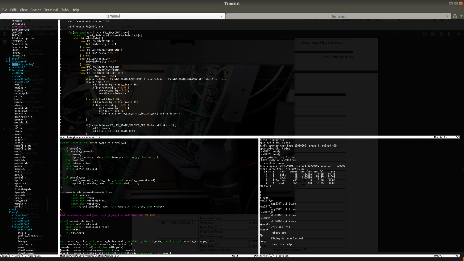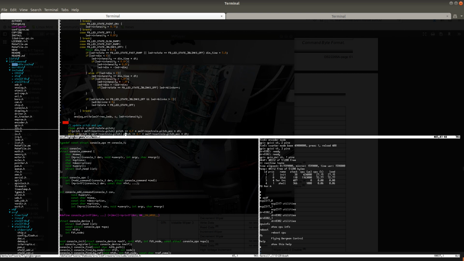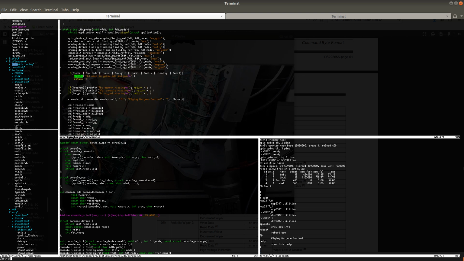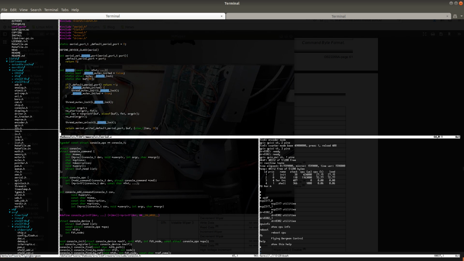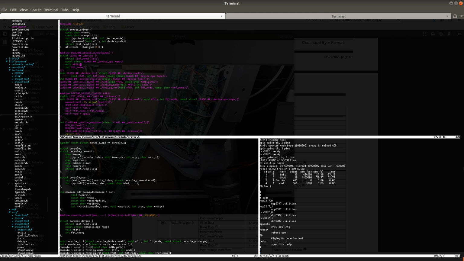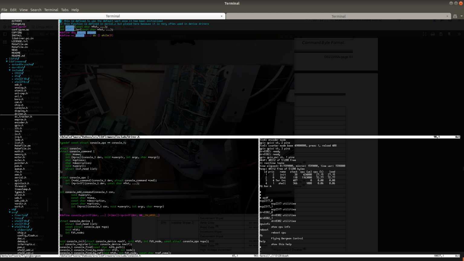The console device there. And let's see. Where do I have printk? I probably have it in the driver header. Yep.